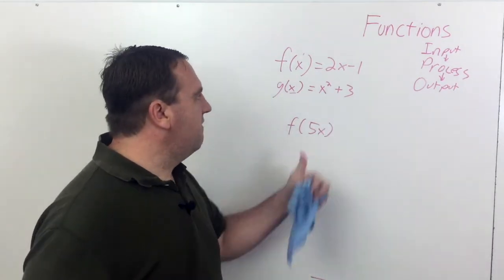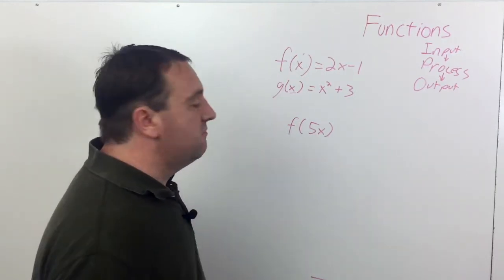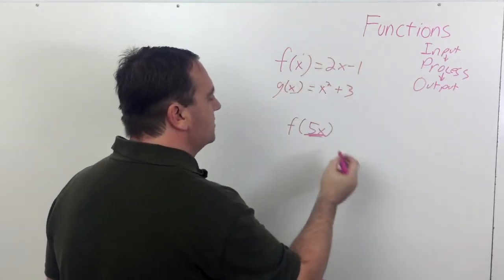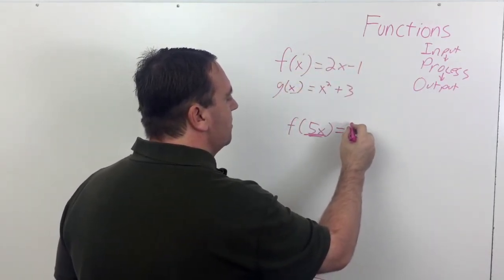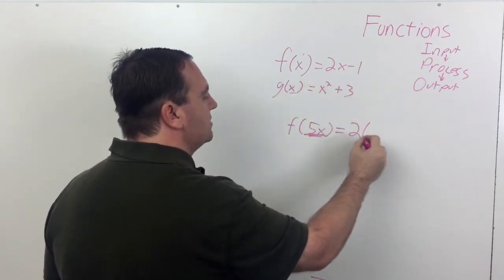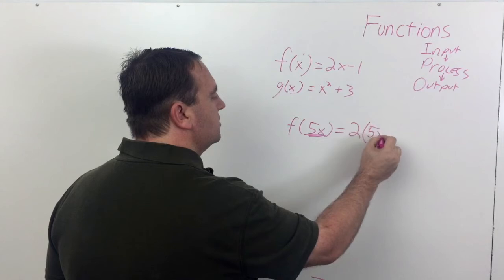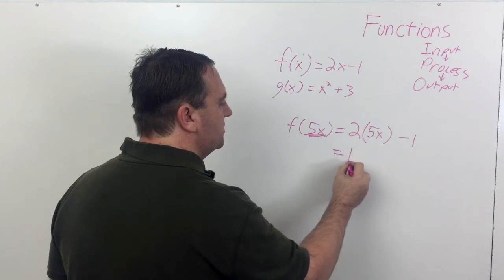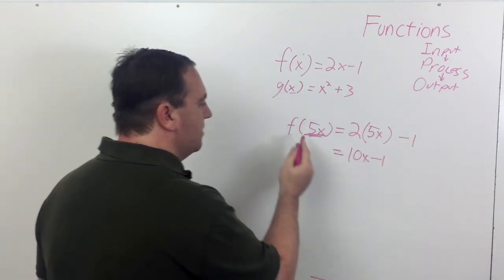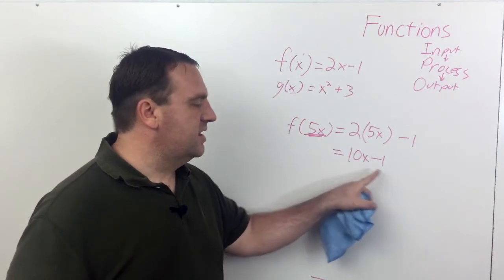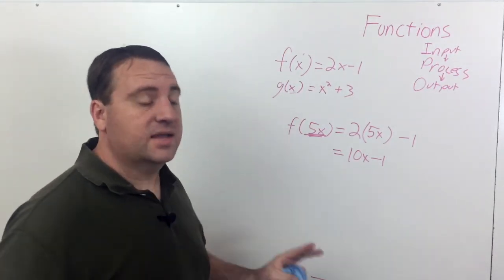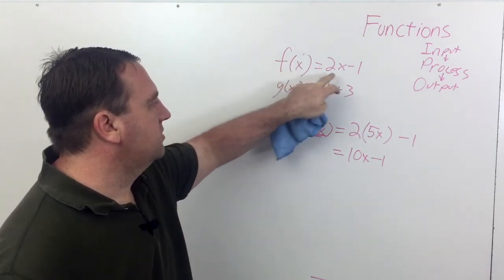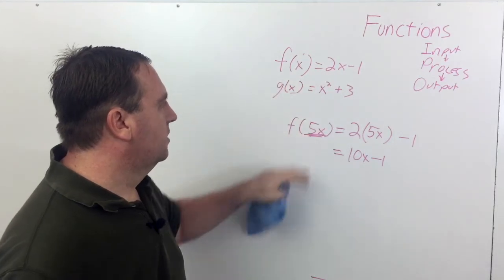Okay, so 5X, it works just like it did before. This 5X, this whole thing, gets replaced for X in the formula. So this becomes 2 times, and where we previously had X, we now put our input, which is 5X, minus 1. So that's equal to 10X minus 1. So F of 5X is 10X minus 1. Okay, so it's the exact same process. We put in 5X as our input for our machine. So any place X occurred in our machine, we replaced it with 5X.